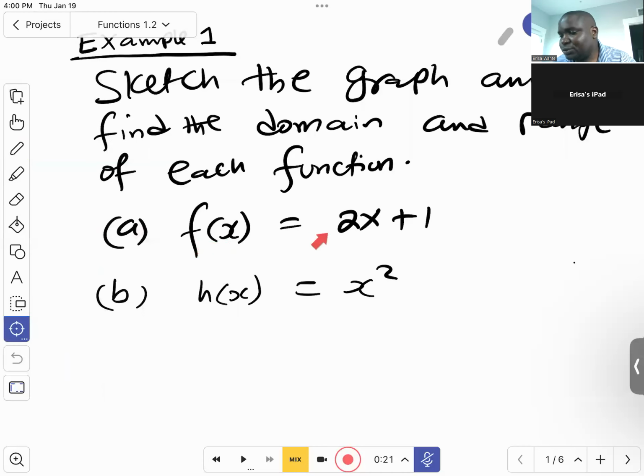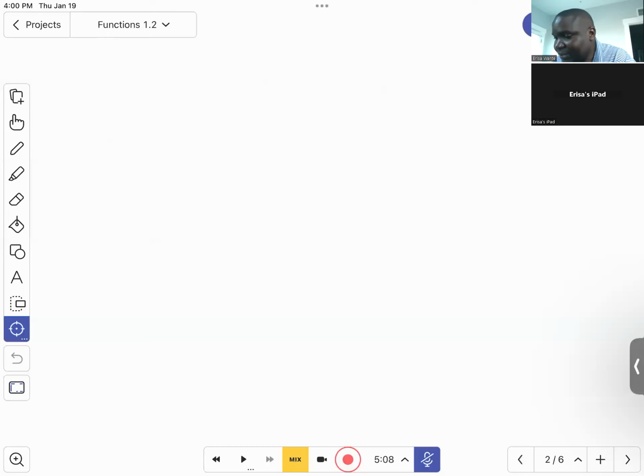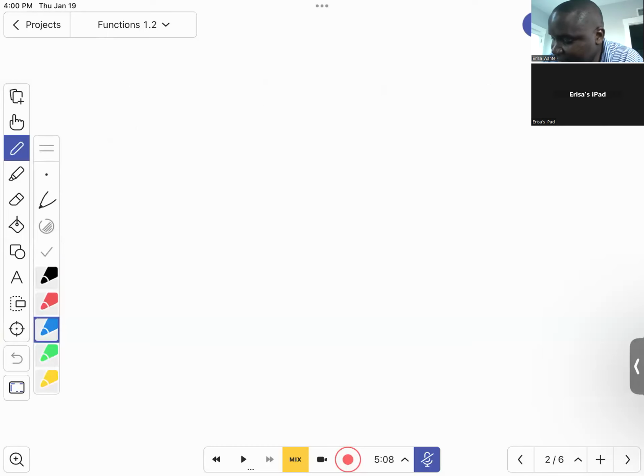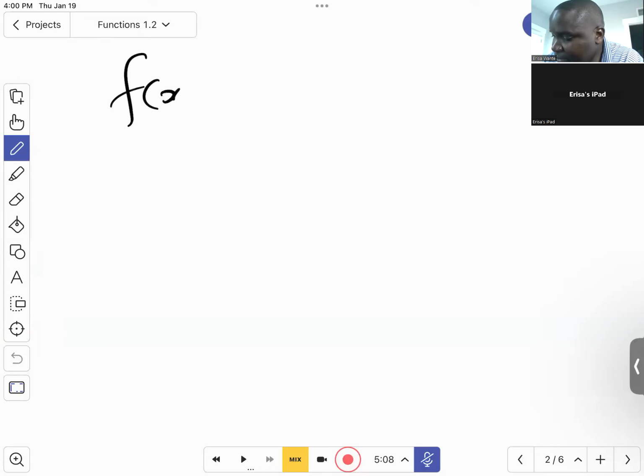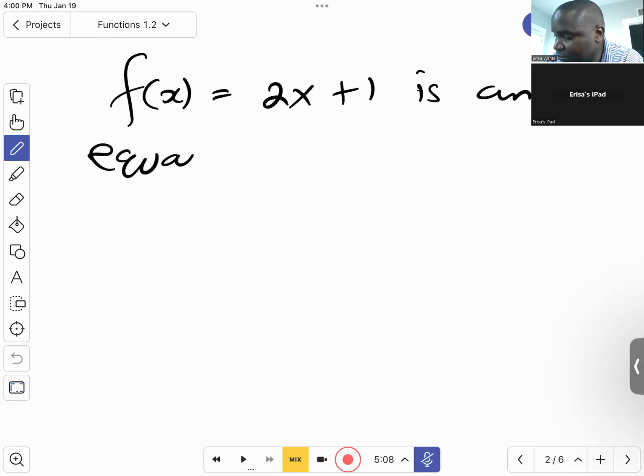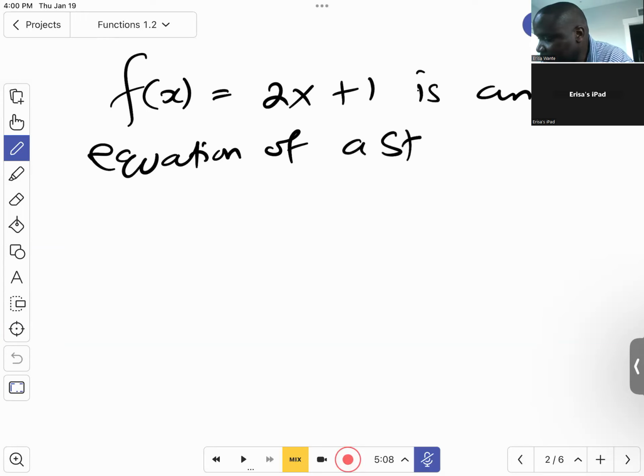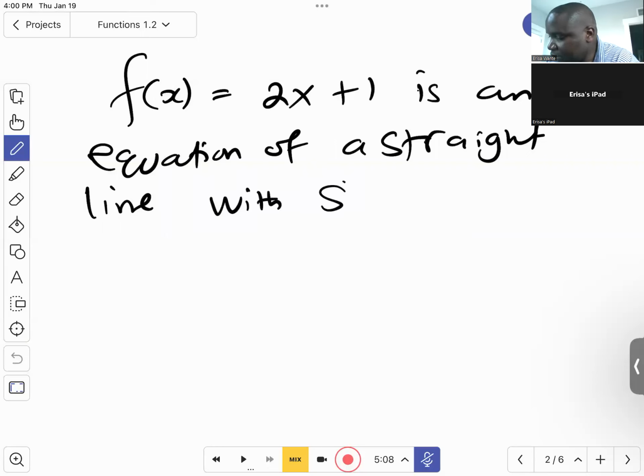The first is f of x equals 2x plus 1. This is an equation of a straight line with the slope m equal to 2.